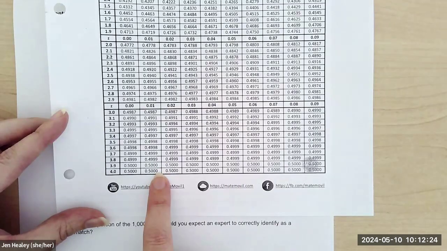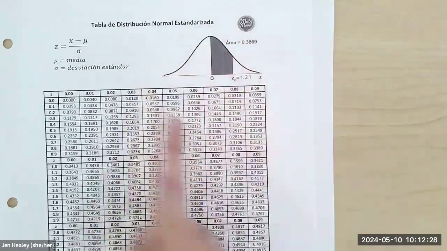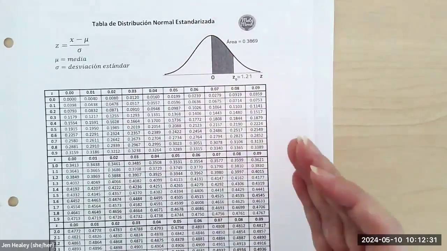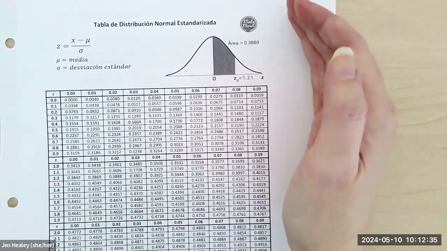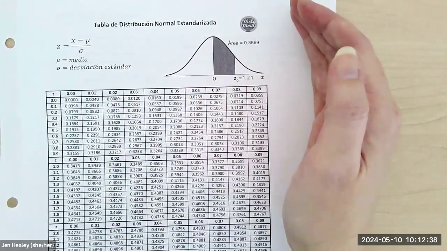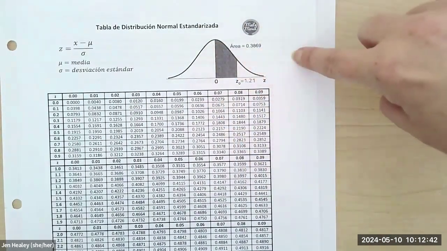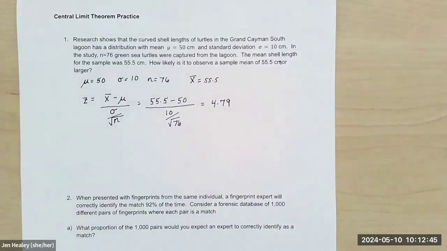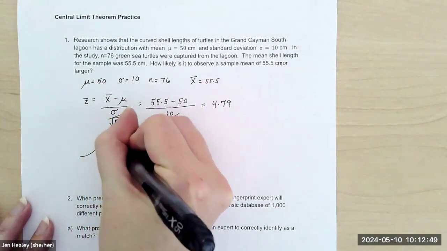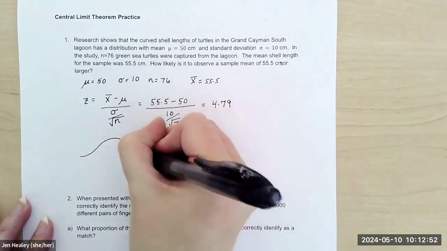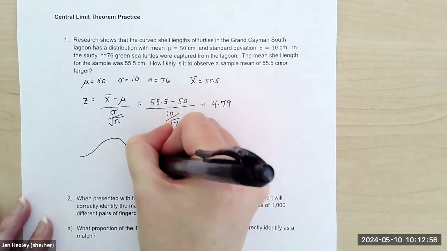And then when we're doing these with the weird z table, if we're trying to figure out how likely it is that we're way out here, we're going to be using 0.5 minus 0.5, because from here on over on this side of the table, that's half of the distribution. We want 4.79, which is going to be way over here.